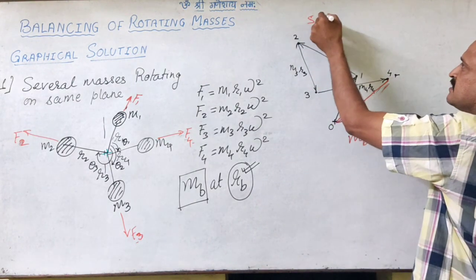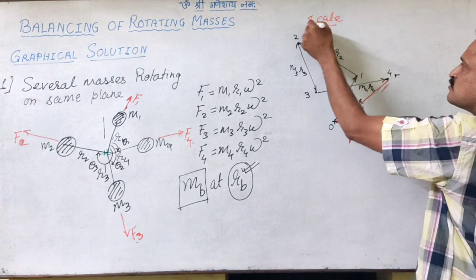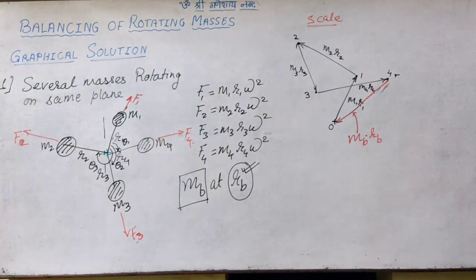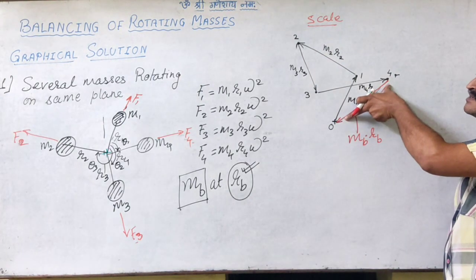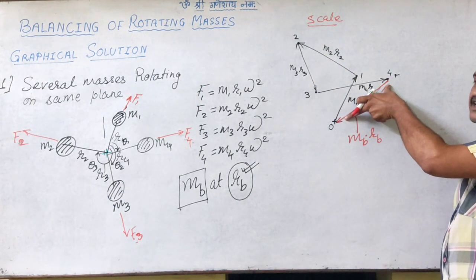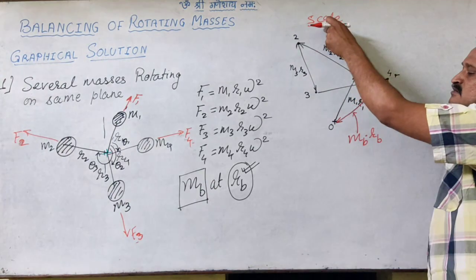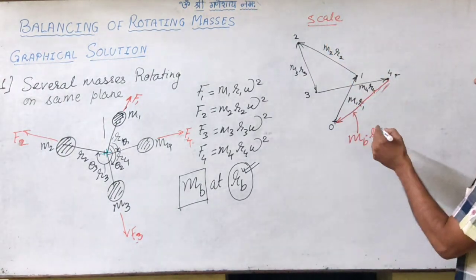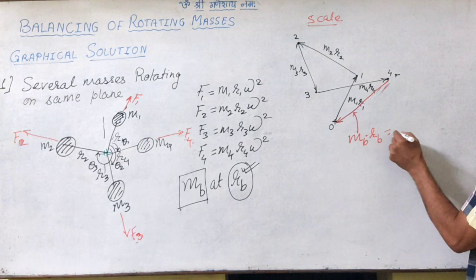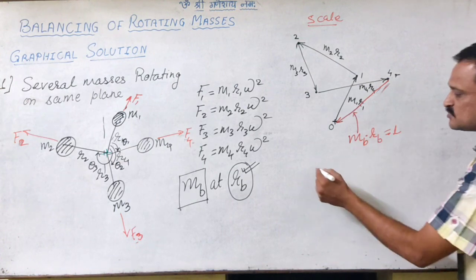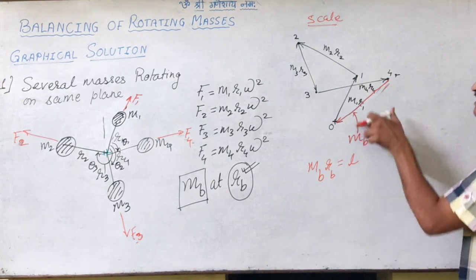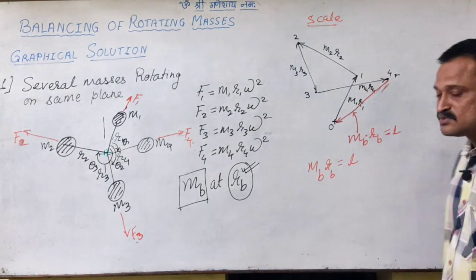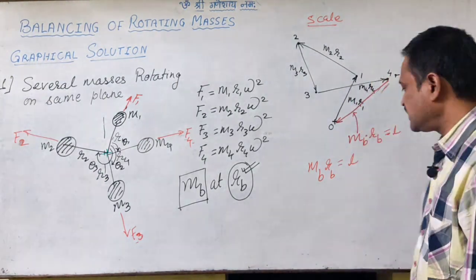So we have taken a suitable scale to draw these vectors. We can now measure this vector length and convert it with the help of our scale. Let us say it comes out to be some value L, right? So this MBRB is equal to L, and I can convert it with the help of the scale.